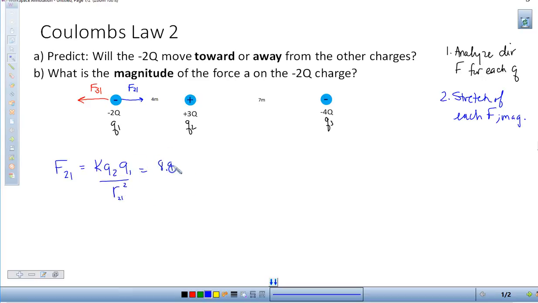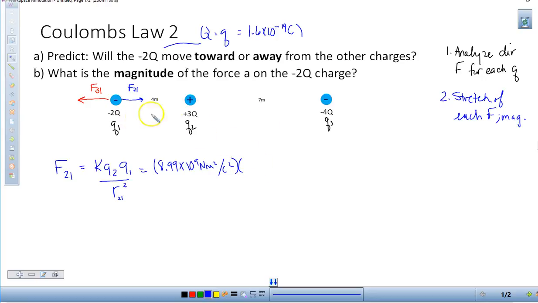So K is 8.99 times 10 to the 9th newton meter squared over coulomb squared. Anytime you see the Q here and they don't give you any other piece of information, you assume Q is the elementary charge, which is 1.6 times 10 to the negative 19, or capital Q. You can make this assumption anytime they don't give you any other values.